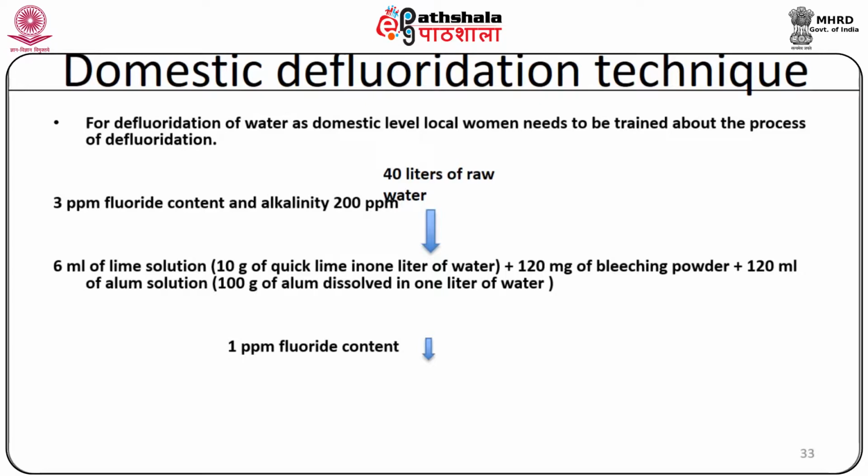This will bring down the fluoride content to a level of 1 ppm, which is acceptable by all standards. So domestic defluoridation technique can be employed. What is needed is that the women's capacity in this regard must be enhanced by proper orientation and training.